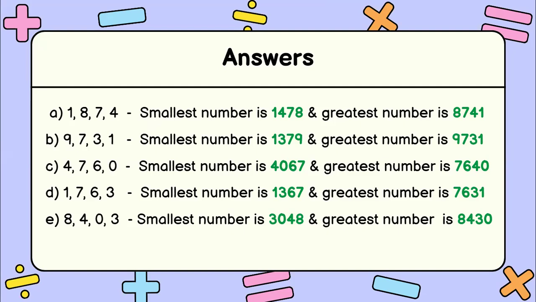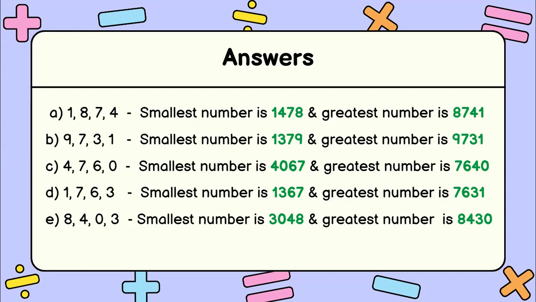Now, let's see the sequence C. This is a bit tricky, right? You know why? The digit 0 is there. So, let's conquer zeros and show them that we can be great at maths. The smallest number we got is 4067.